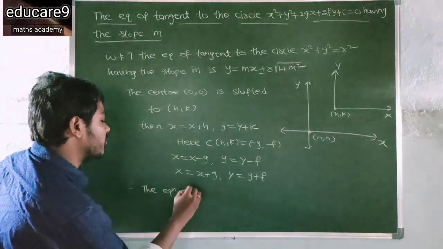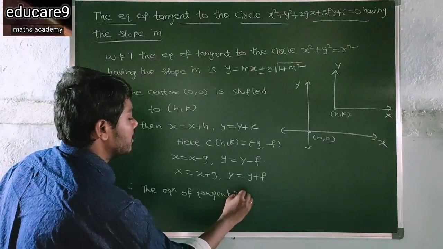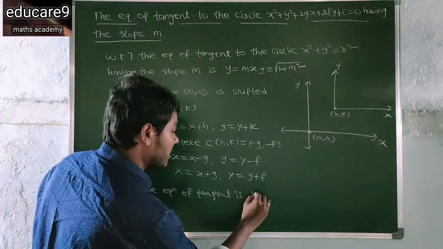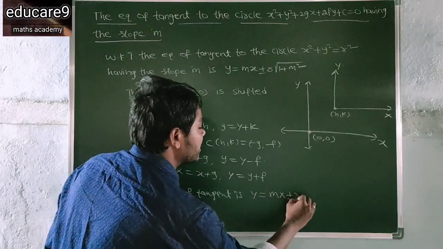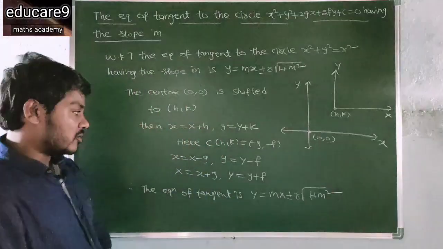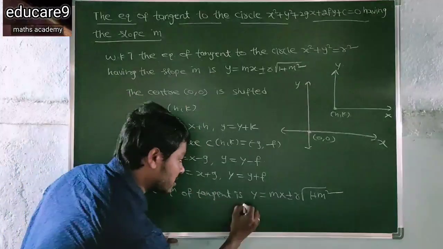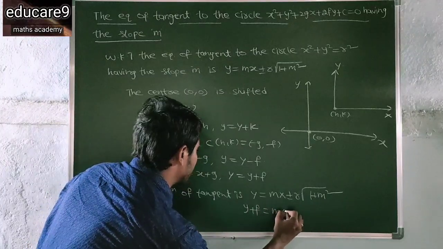So therefore the equation of tangent is capital Y is equal to m into capital X plus or minus r into under root of 1 plus m square. So what is capital Y? That is small y plus f is equal to m into what is capital X?